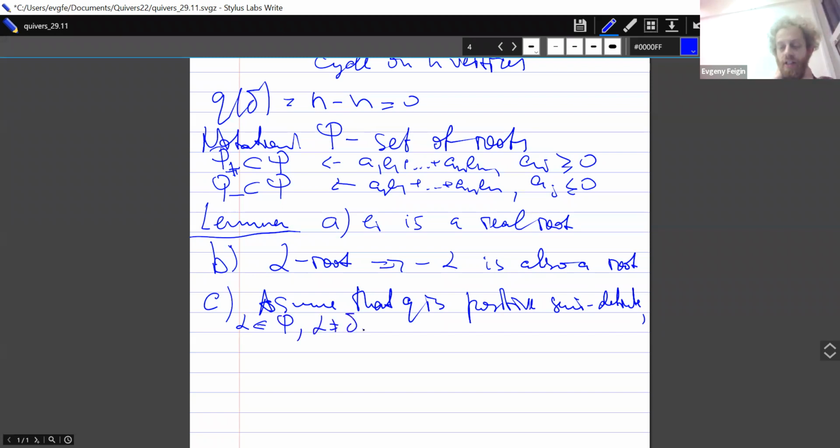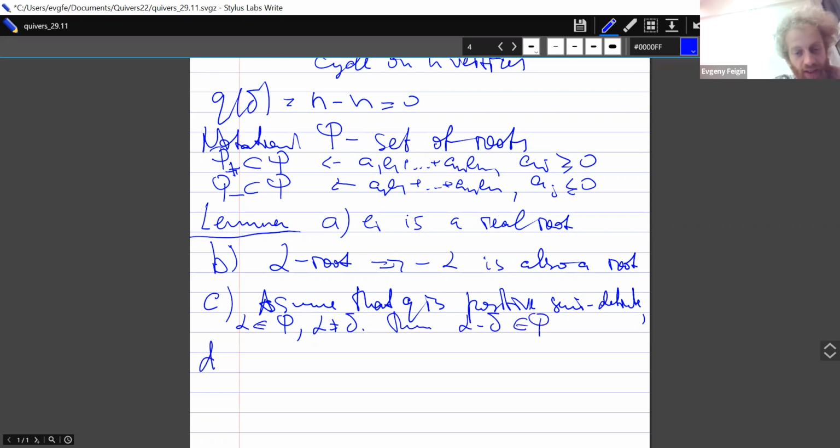So recall that in the positive semi-definite case, we have the kernel of our form, and this kernel is denoted by delta. So let us take a root which is not equal to this delta. Okay, so then the claim is that alpha minus delta is also a root.